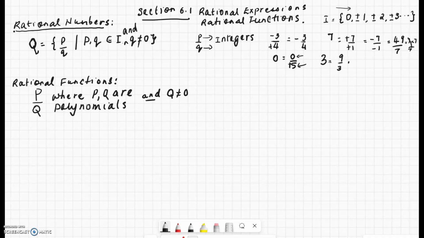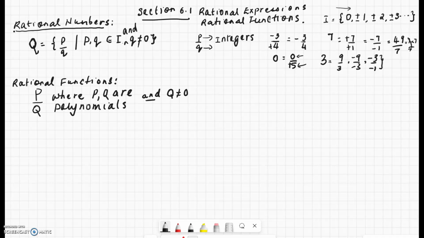That's a 3. It could be written as negative 9 over negative 3. It could be written as negative 3 over negative 1, and the list goes on and on. So any number that can be written as a whole number over whole number, both positive or negative, which makes it an integer, is a rational number. And we've done this before.